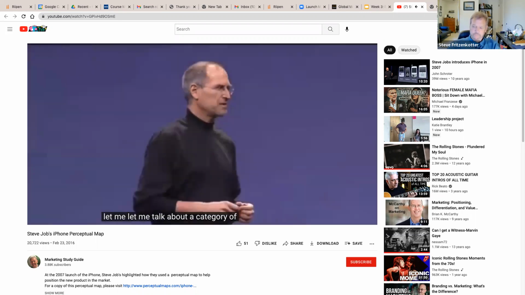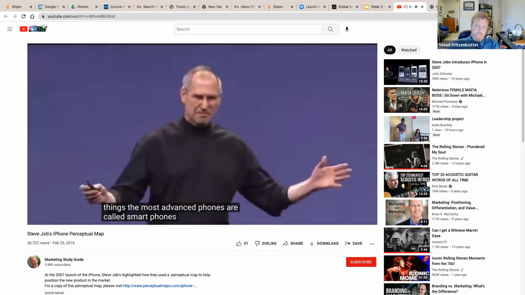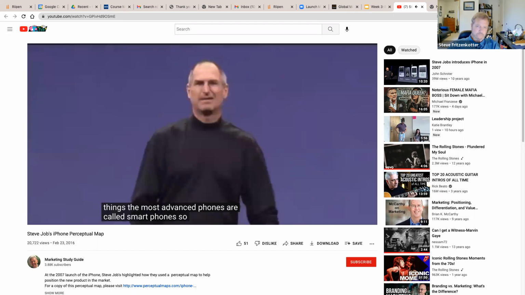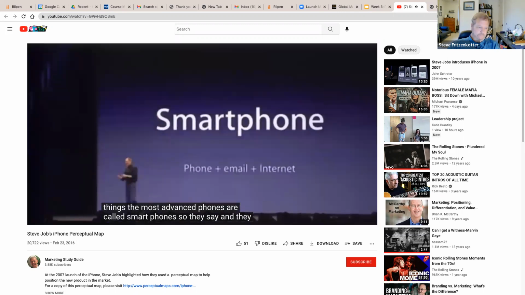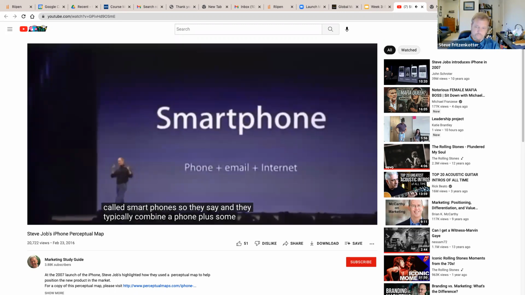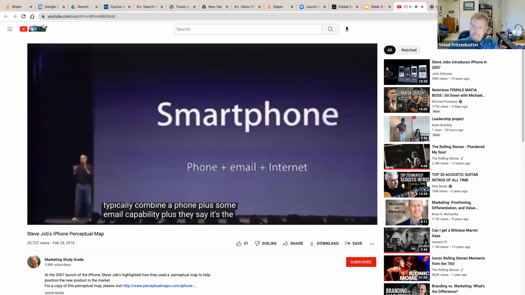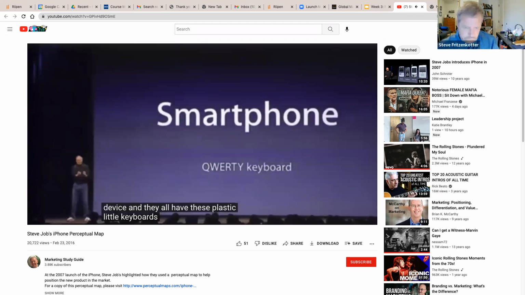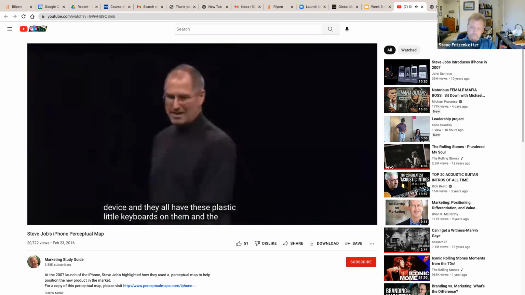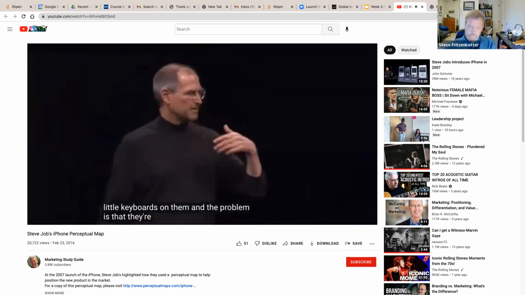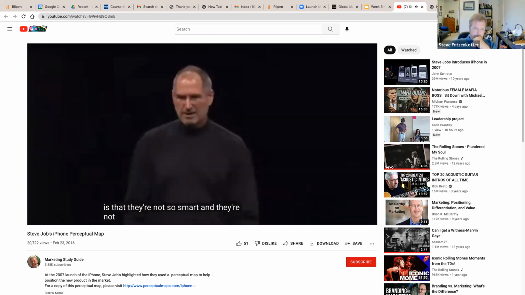The most advanced phones are called smartphones, so they say. And they typically combine a phone plus some email capability, plus they say it's the internet, sort of the baby internet in the one device, and they all have these plastic little keyboards on them. And the problem is that they're not so smart and they're not so easy to use.